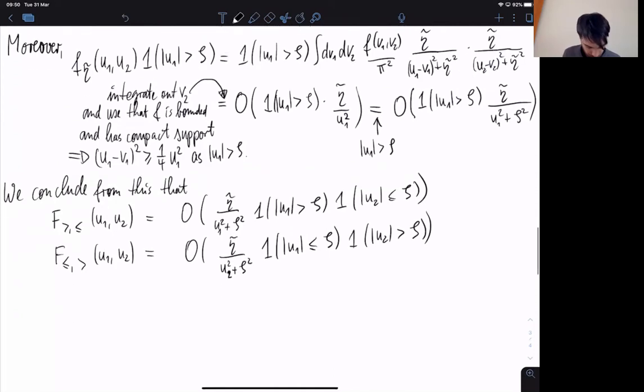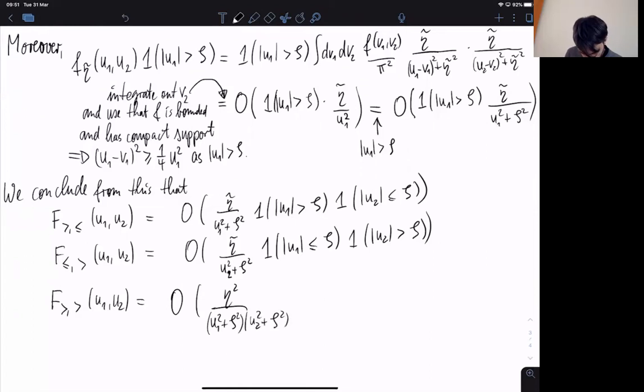And the same thing is the square of this if both of them are big. So then I have an eta tilde squared, U1 squared plus zeta squared, U2 squared plus zeta squared, and both of them are big.